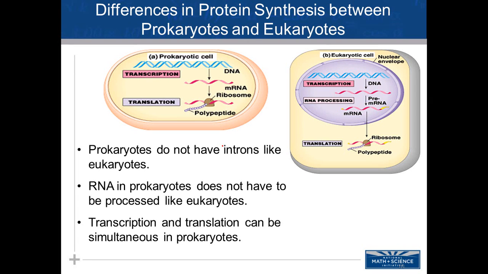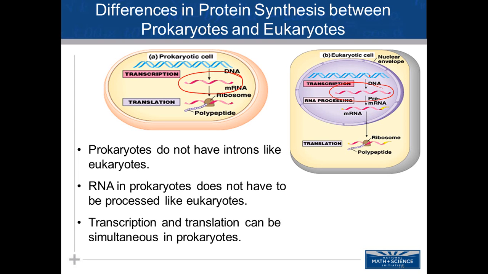Okay? And so therefore, when the DNA is used as a template to make messenger RNA, it occurs right in the cytoplasm. However, with a eukaryotic cell, it occurs in the nucleus.